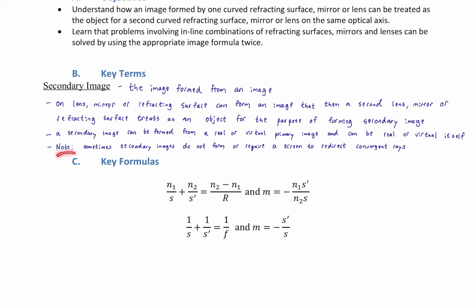We also want to note that sometimes secondary images do not form, or require a screen to redirect convergent rays. In certain cases, the light that formed the primary image is not going to interact with the next optical device, the mirror or whatever it may be, because it's going in the wrong direction.